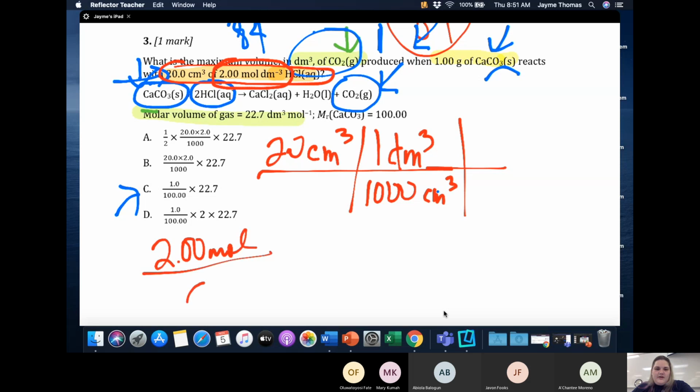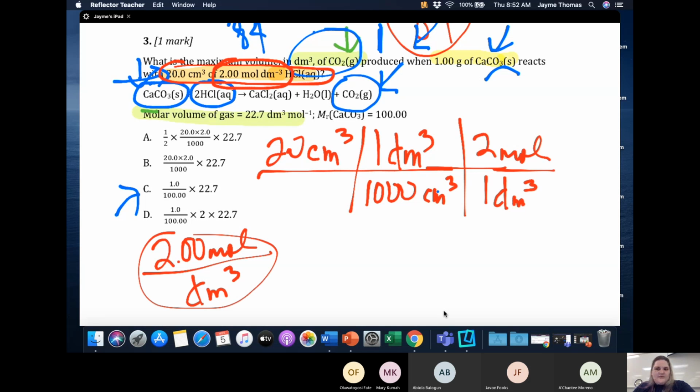That's what it reads if I rewrite it without the -3. I can say for every 1 cubic decimeter, there are 2 moles. That's what the concentration means, and I'm allowed to do that because of the units it has. So now that we have 2 moles, I can do the molar ratio.